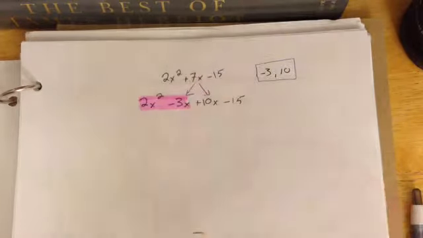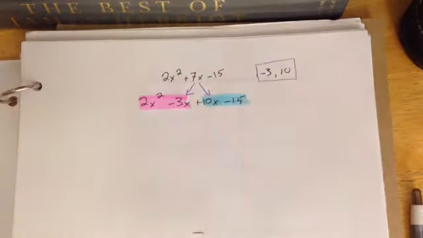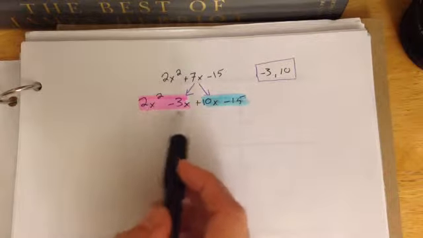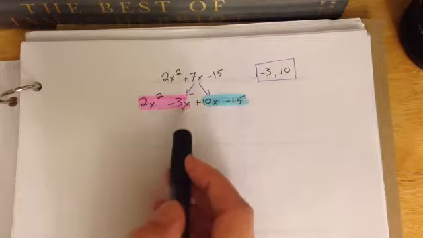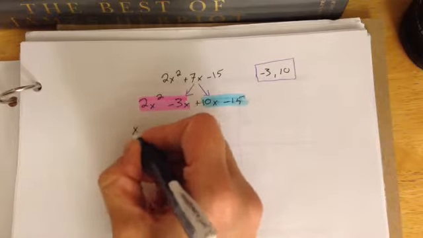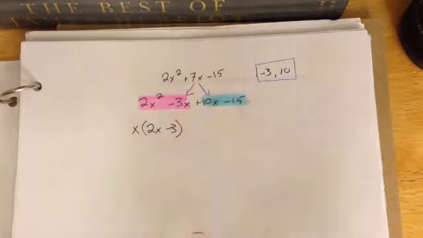I'm going to highlight my first group here in pink and my second group over here in blue. All right. So from my first group, do these 2 have anything in common? Well, yes, they have an x in common, so I will factor an x out of that first group. Now I have x times 2x minus 3.